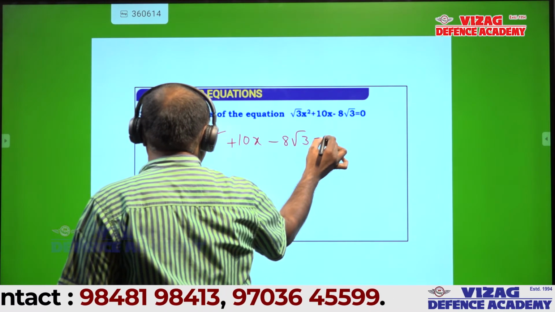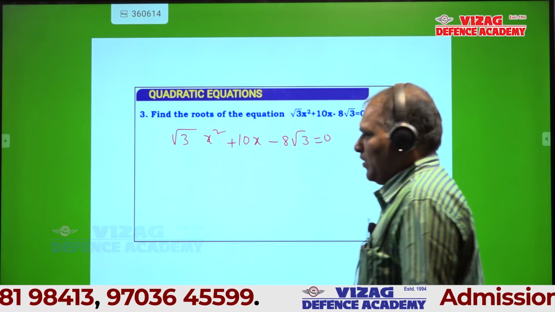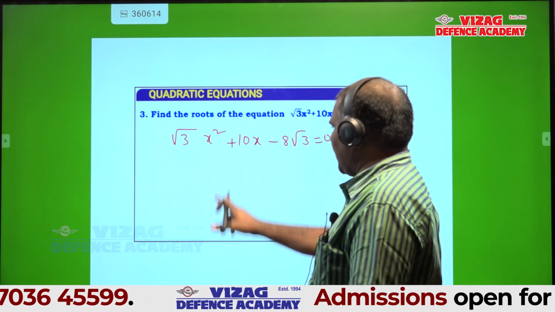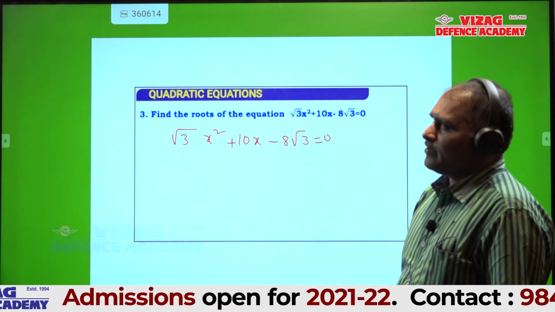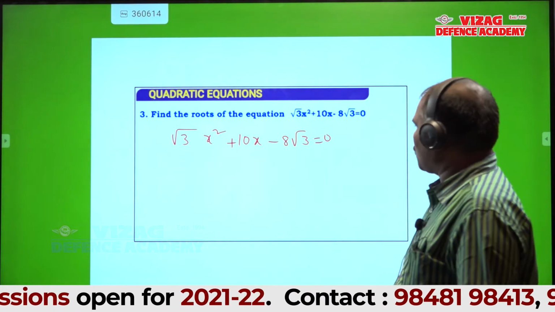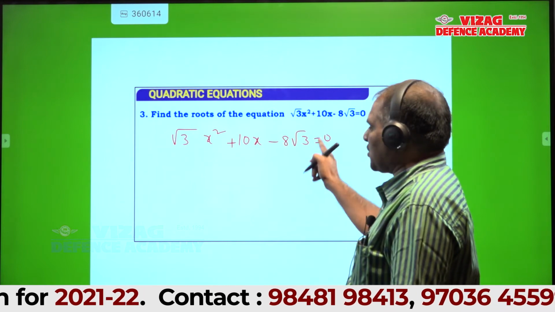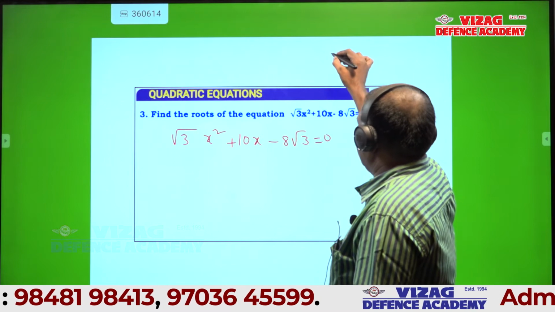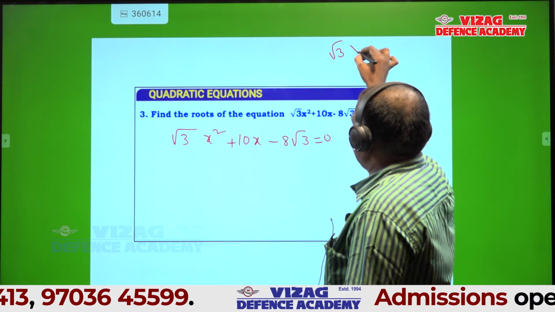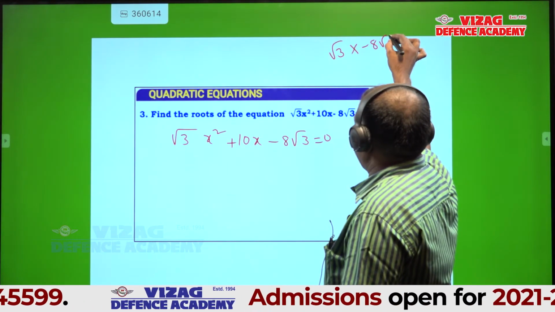Okay. This is the equation. What is the coefficient of x square? Root 3. What is the constant value? Minus 8 root 3. Therefore, root 3 into minus 8 root 3.